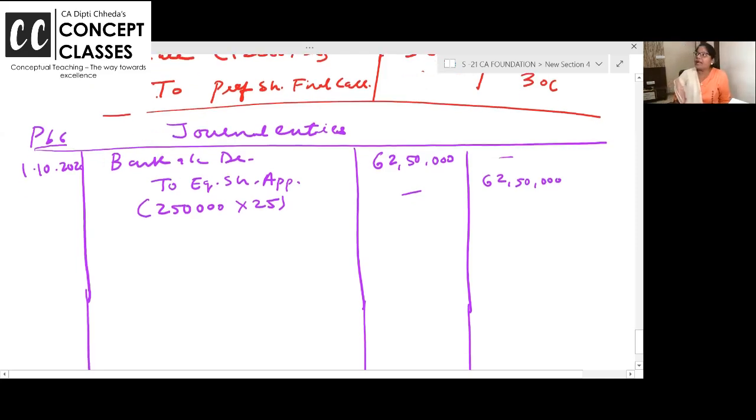Bank to equity share application, 62,50,000. Now, after this, that was the application; on allotment it is 75 rupees.